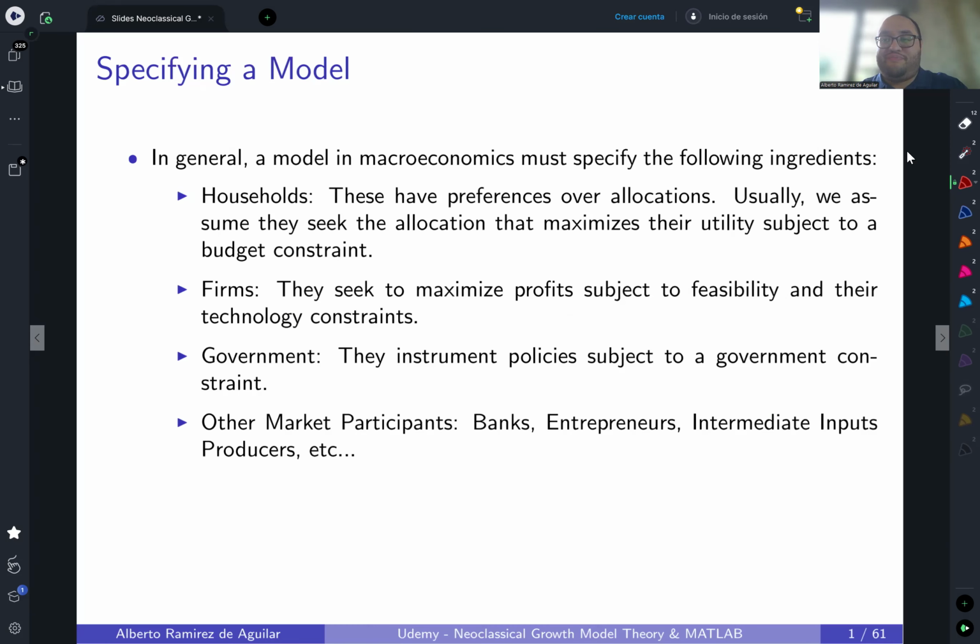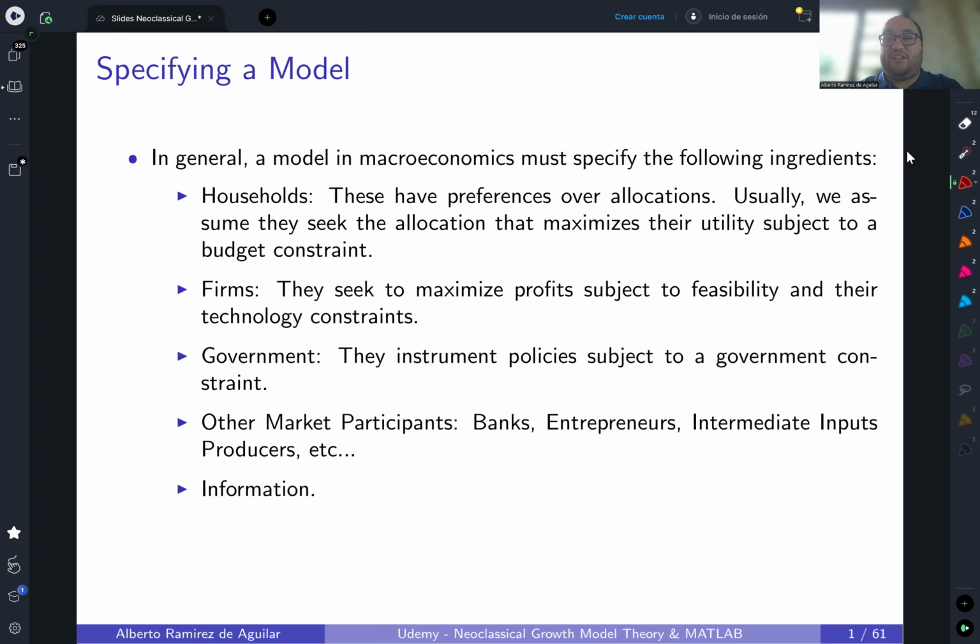There's also other market participants. There are a lot of them, but again, the neoclassical growth model is very stylized and relatively simple, and there will be no other market participants in this model. Another thing that's very important, and the neoclassical growth model has very strong assumptions on this, and I will be more specific when we get to that, is information. What do I mean by this?